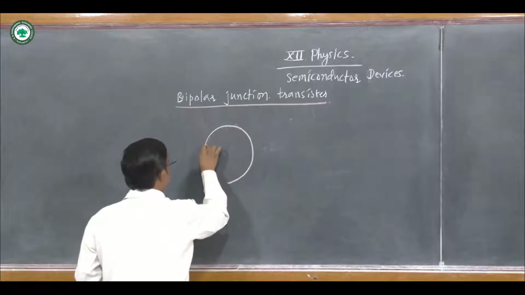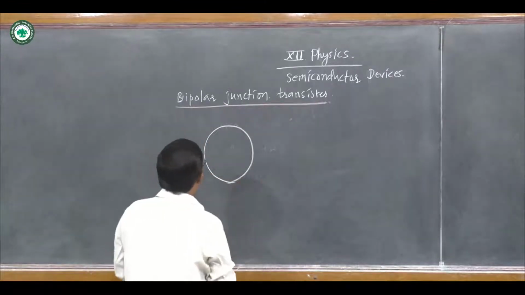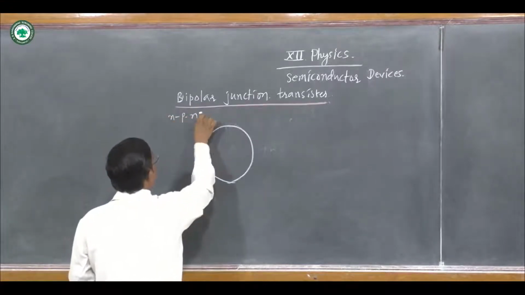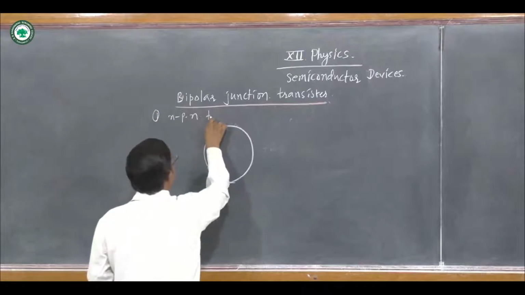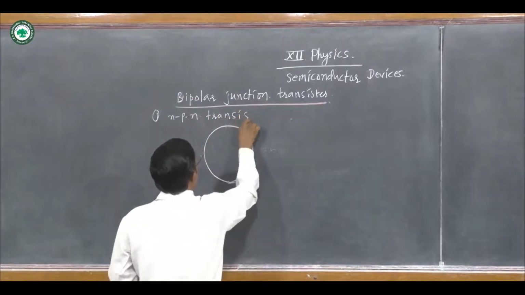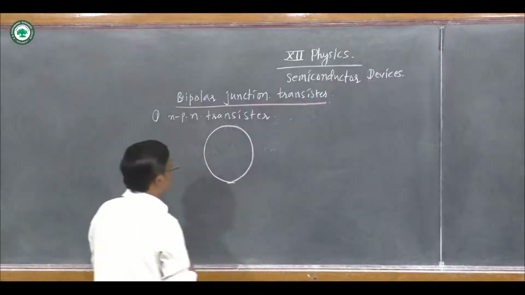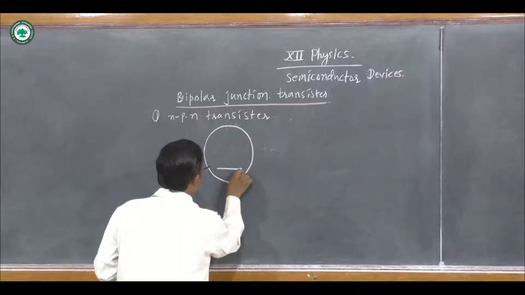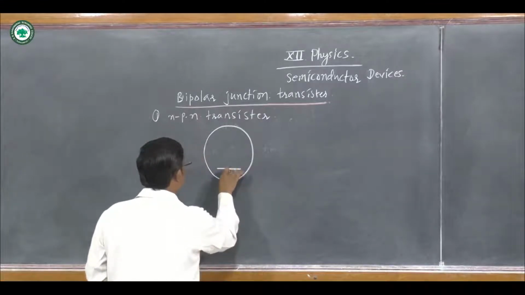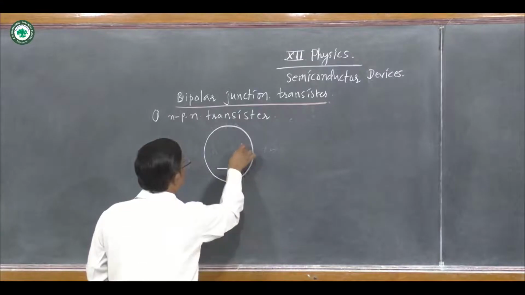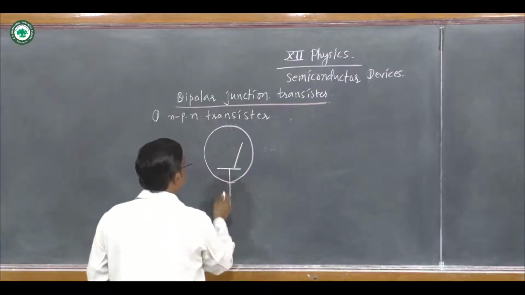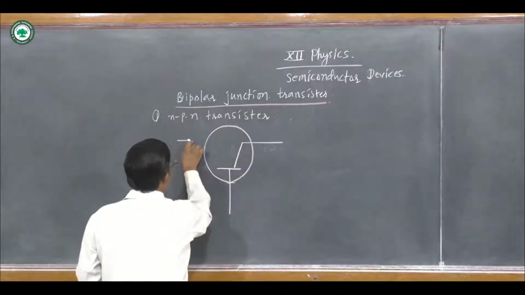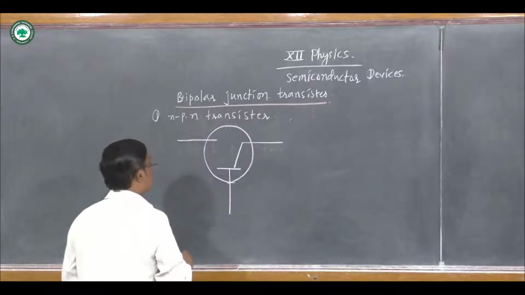First of all, we will see the symbol of the NPN transistor. Here, the base, the other terminal is the collector, and this one is the emitter.